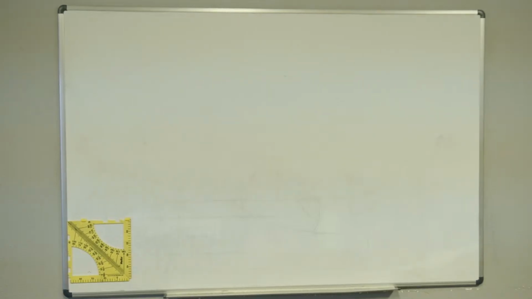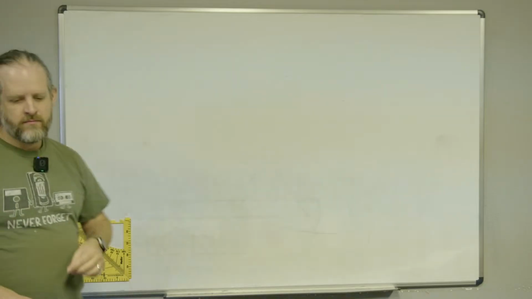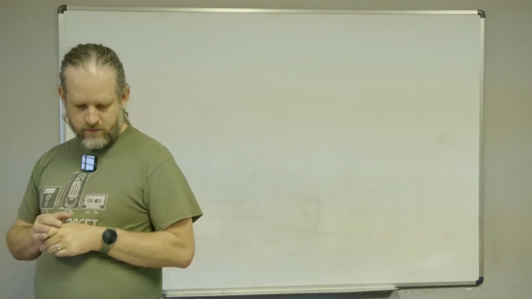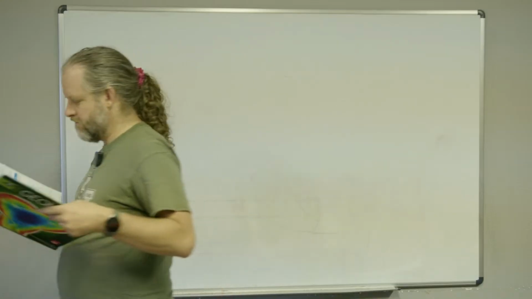All right, so 3.5 it is. What numbers did we do on 3.5? 8 through 28.